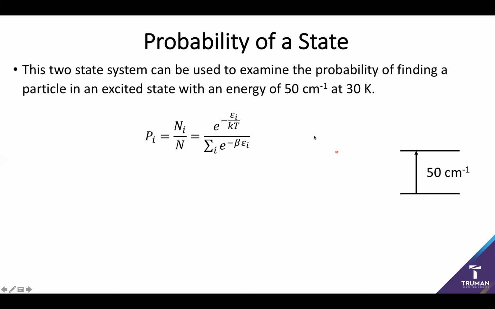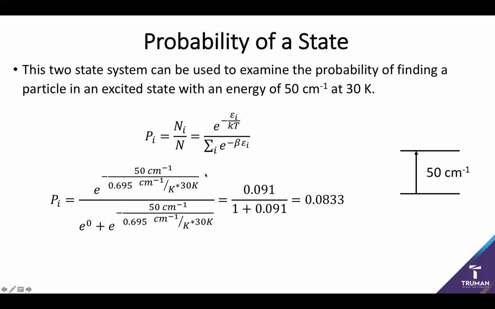So again, I'm going to return to my Boltzmann equation. My partition function behaves almost identically, still have an excited energy of 50 inverse centimeters. The only thing that happens is now I have a different temperature value, which shows up here. And again, remembering that beta is the same as 1 over kT, these two expressions are identical.